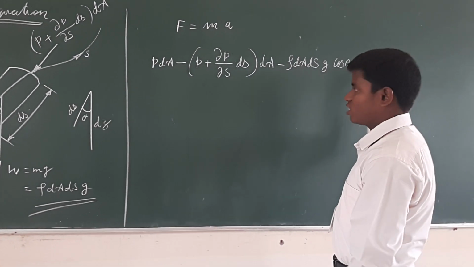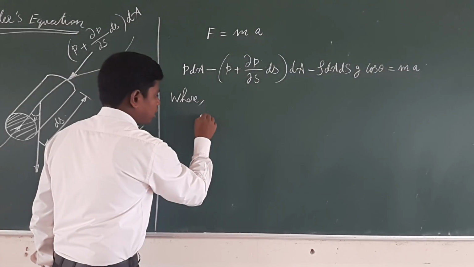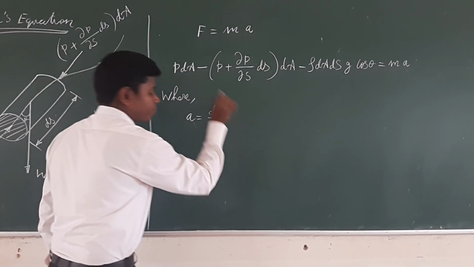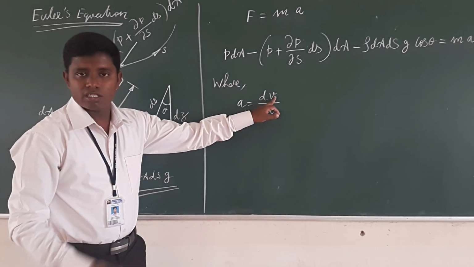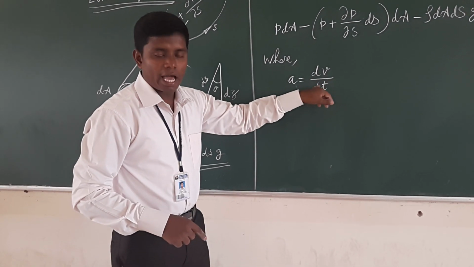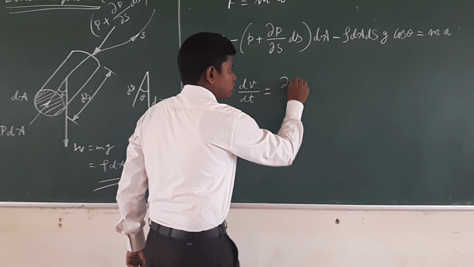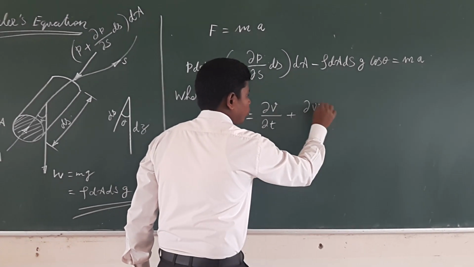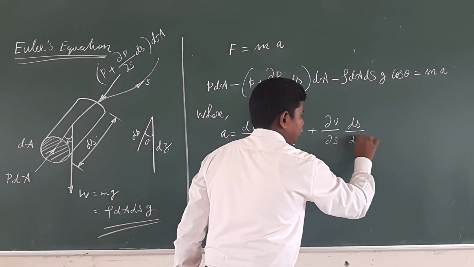Coming to the acceleration, we know acceleration is the change in velocity with respect to time. If you take the velocity as a function of the distance s as well as time, the acceleration can be written as dou v by dou t plus dou v by dou s into ds by dt.